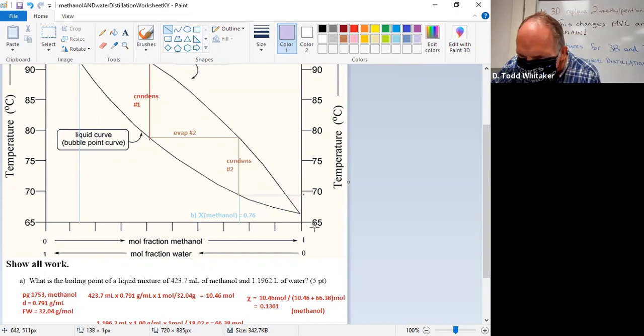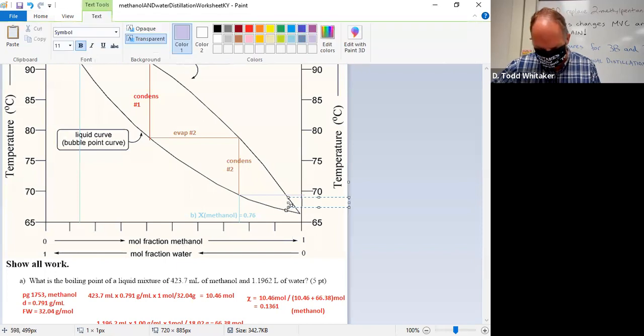Right there. That is over 69, isn't it? I would think 69.5 would be a pretty good guess. What do you think? Yeah, because 67.5 is here, 68.5 is probably right there, 69. Yeah, let's go 69.5. And we'll type that as our answer for C.